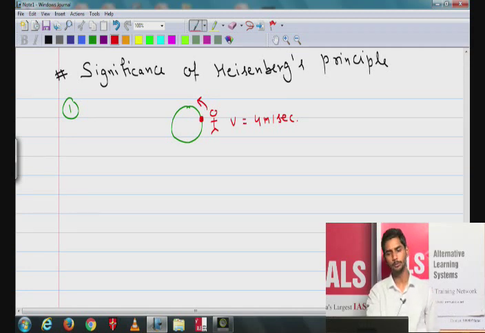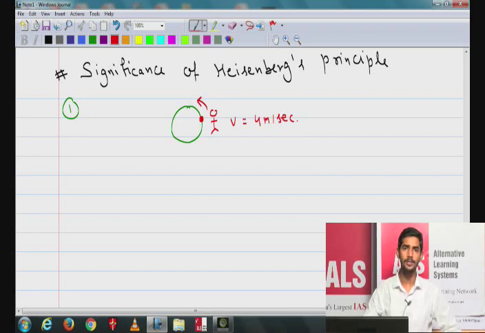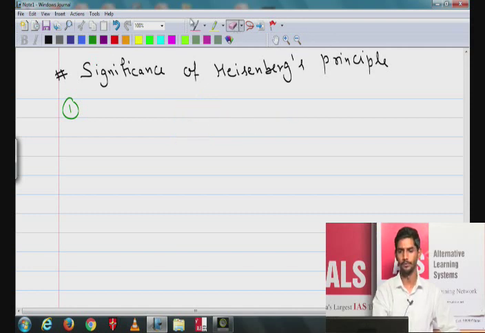If I know the initial position and initial velocity, and it is moving with a constant velocity, I can definitely measure its position after a certain interval of time, because here it is a well-defined path. But what Heisenberg said is that it is not possible to determine the exact position and the momentum. So exact position and momentum can only be measured when there are well-defined circular paths.